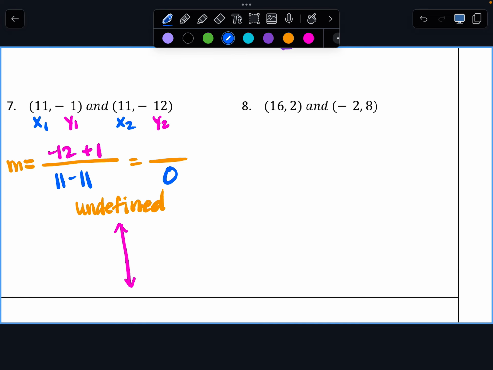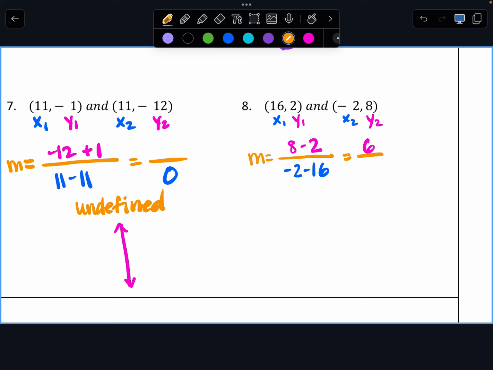Number 8, checking your answers. Eight minus 2 and negative 2 minus 16. So 8 minus 2 is 6.